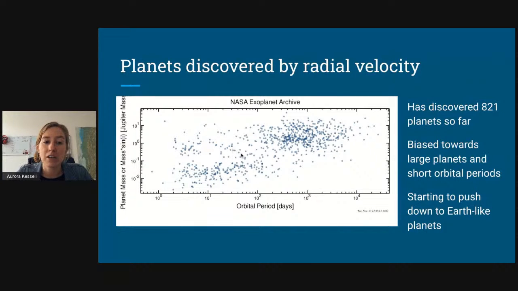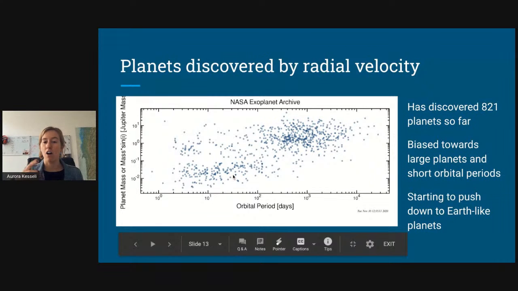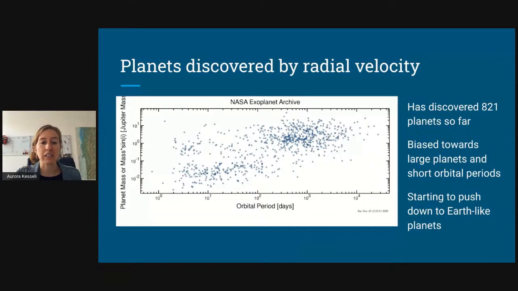But you can see that we actually are starting to be able to detect lower and lower masses. These are all newer planets, and the newer instruments that we're building to detect them are working. You can see that as we go to lower masses, we are going to shorter distances.